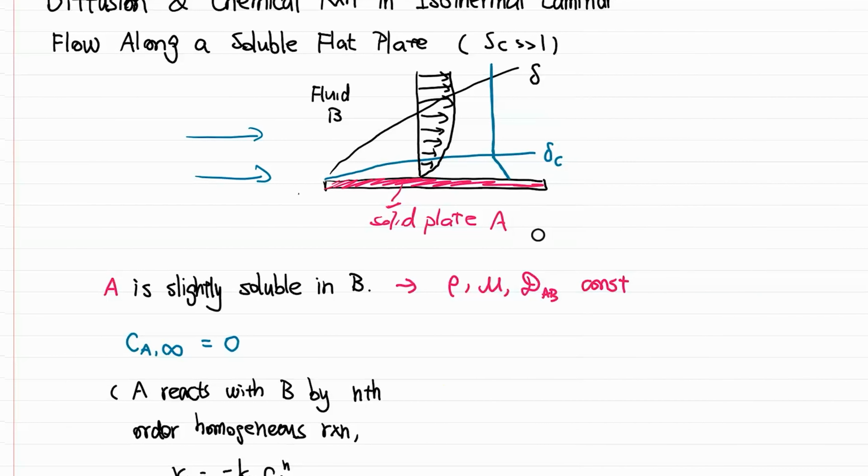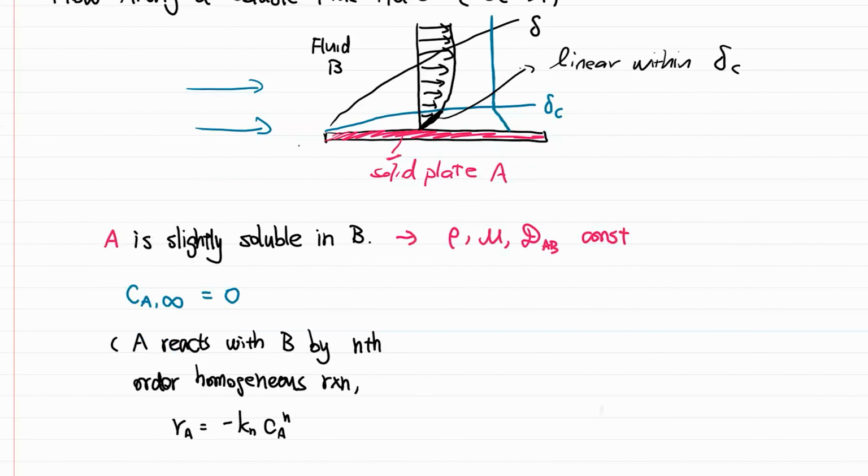And because the diffusion boundary layer is much thinner than the velocity boundary layer, if you just look at the regions inside the diffusion boundary layer, we can also assume that this part of the velocity profile is linear within the diffusion boundary layer. If we make these assumptions, then we can have a fairly easy postulation of the forms of the velocity and concentration gradients. Okay, so let's continue with that discussion.